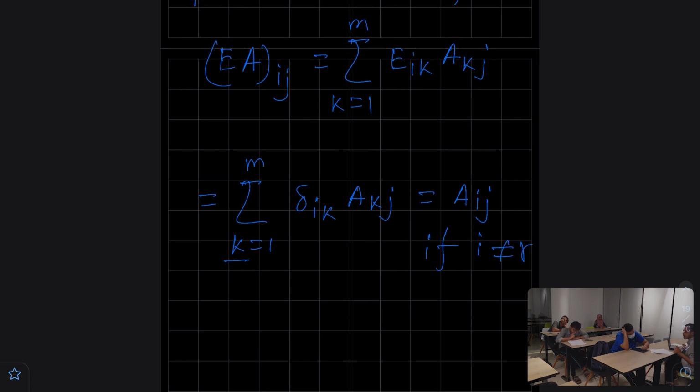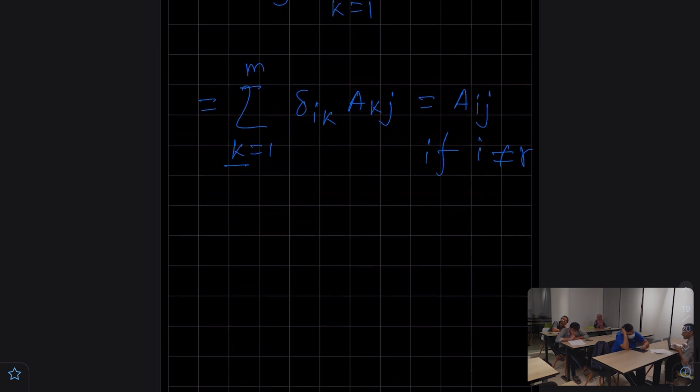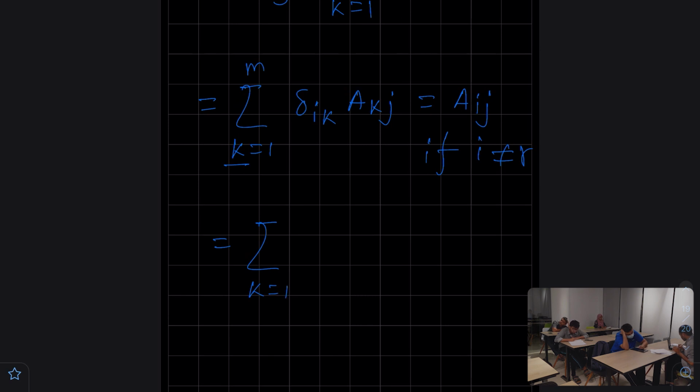Okay, but again there is another definition for e_ik, and that is the sum over k equals 1 to m of delta_ik. So delta_rk plus c times delta_sk, if I multiply it with a_kj, then this will be what?